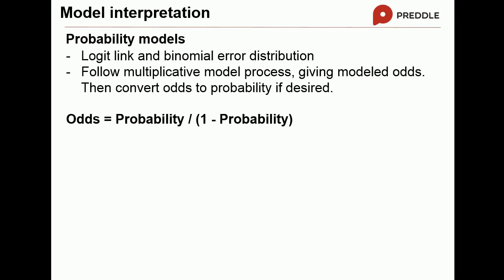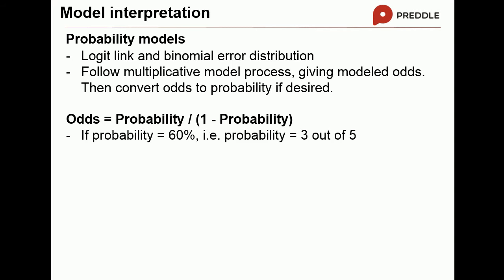Now, odds is just a different way to express a probability. The odds notation originated hundreds of years ago in gambling circles. The odds of something occurring is the probability of it occurring divided by the probability of it not occurring. For example, the odds of someone having depression is the probability of them having depression divided by the probability of them not having depression.